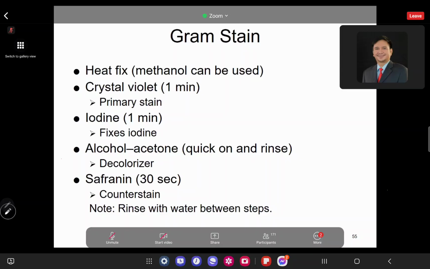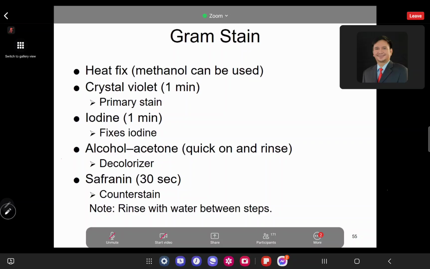If it's gram-positive, the safranin would not be absorbed by the cell wall because the crystal violet was not decolorized. If it's gram-negative, it will absorb the safranin because the crystal violet has been decolorized by the ethyl alcohol.